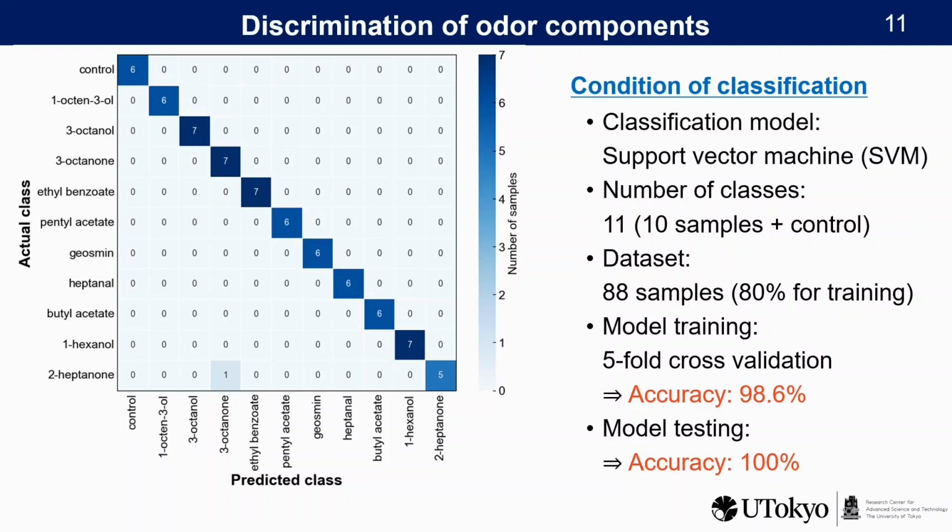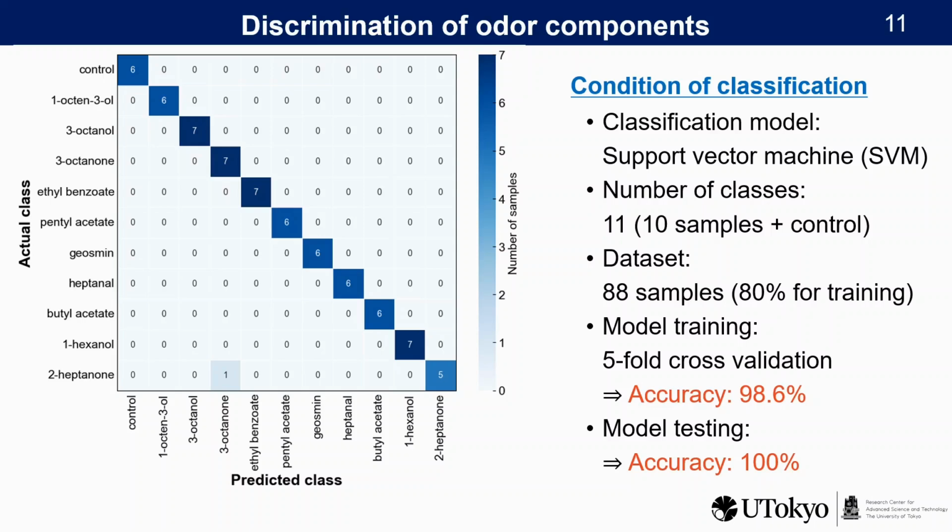Through 5-fold cross-validation, hyperparameter searching, and model training, the classification accuracy became around 98%. Furthermore, we tested the classification model on the remaining 20% of the dataset. It was able to successfully classify all of the test dataset.